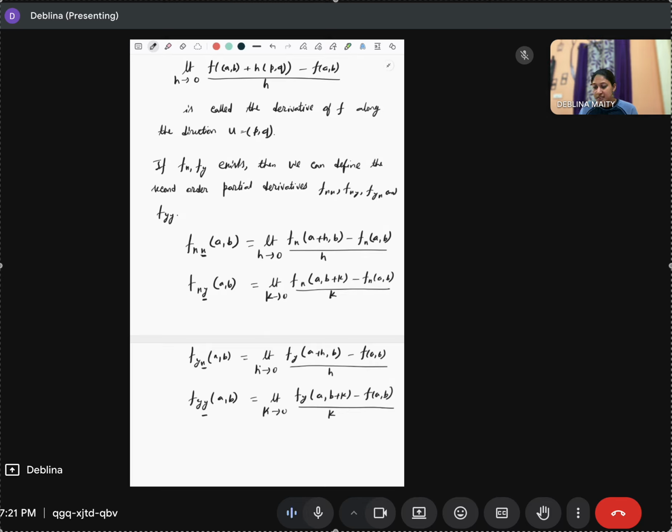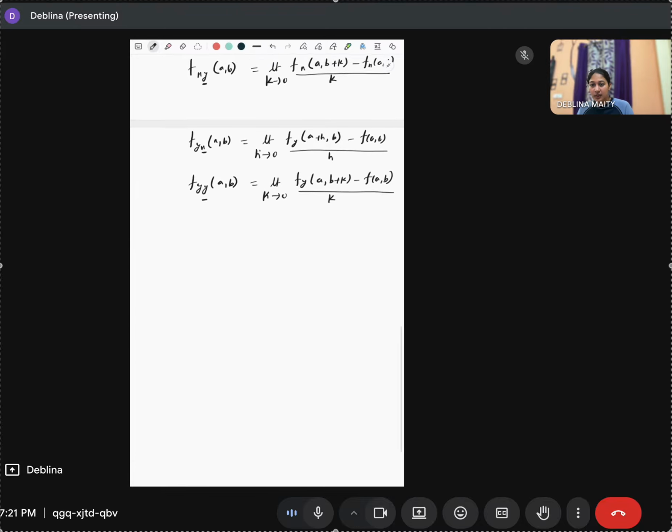Okay, so we'll see some examples. When are fxy and fyx equal? They are not actually equal in general, but if they are continuous in an open set, then they are equal.